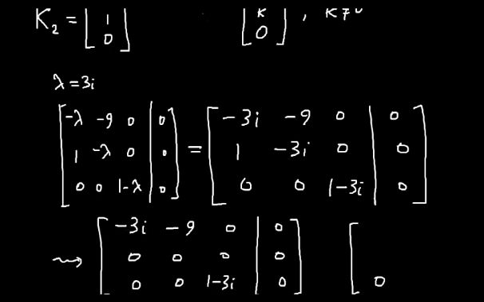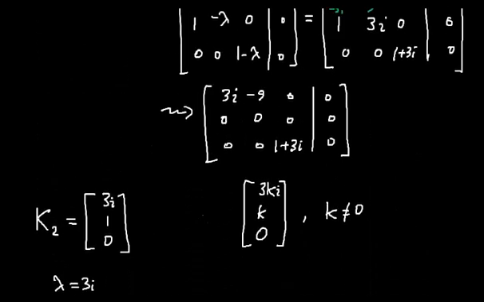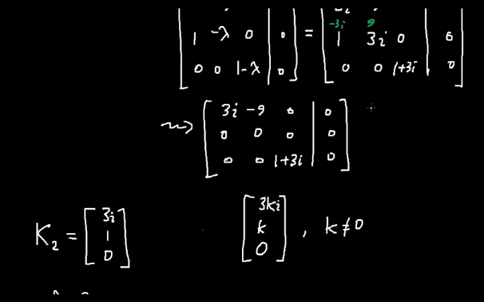Oops, I realize now I made another mistake. Okay, so sorry about that. If I go back here and write the corresponding equation out, I'll have 3i times k1 plus minus 9 times k2, right? And so that equals 0.